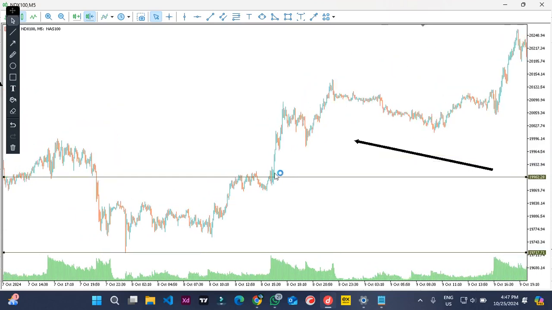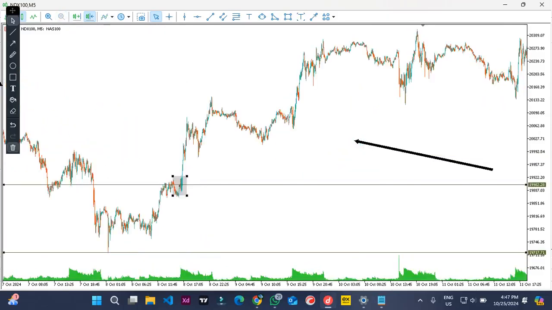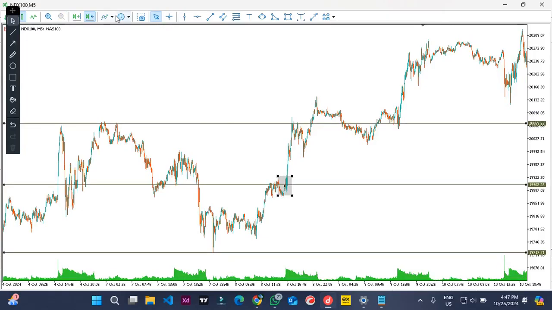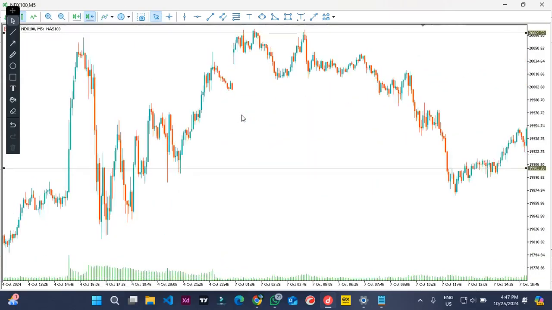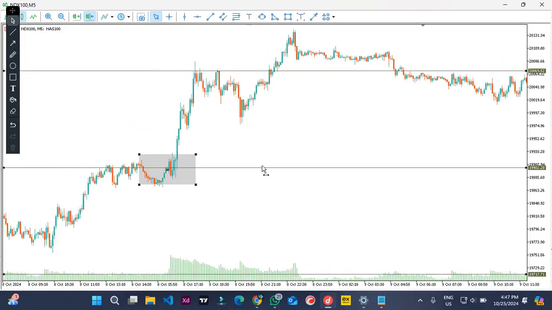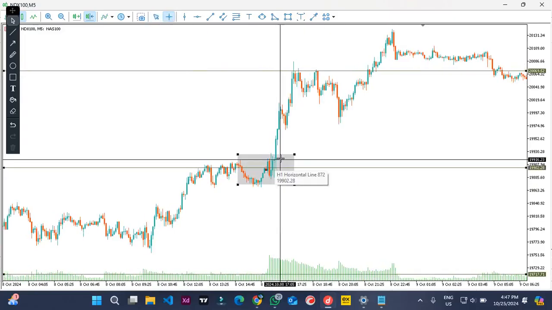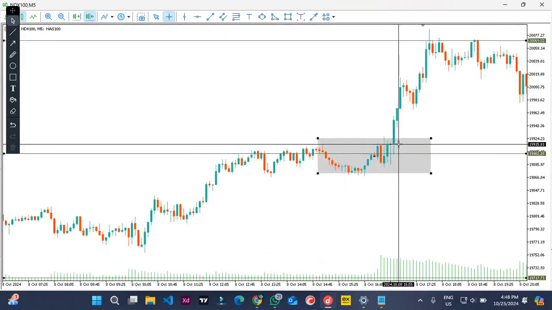What are the old highs? This is the old highs. So if you take the trade, if you take your entry from here, when it closed above, and target the old high, that's a nice 15,000 points.